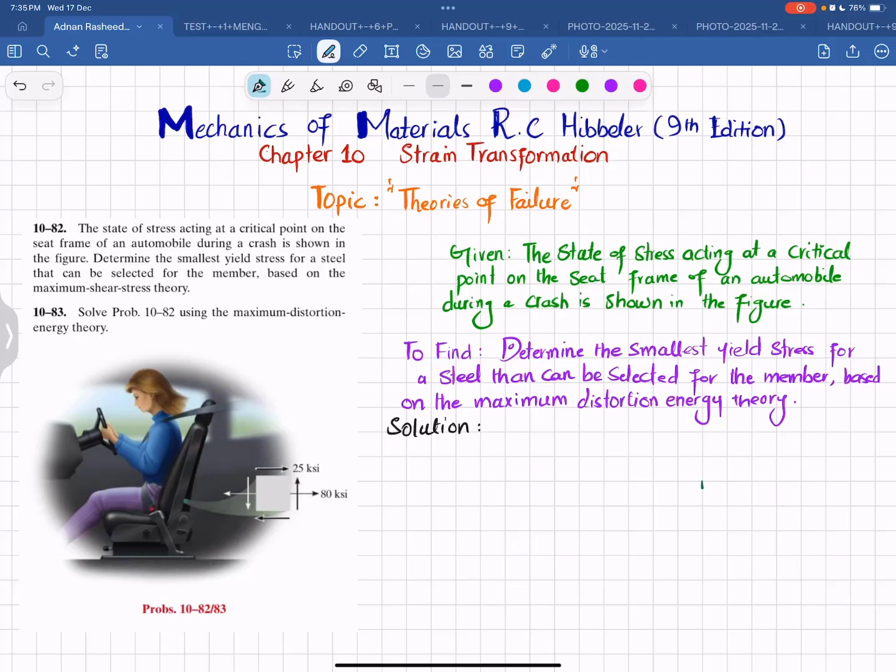The first step is that I will draw this member a little bit bigger so that you have a clear understanding. This is 80 ksi and this shear stress is 25 ksi.